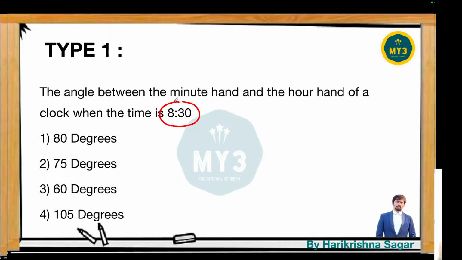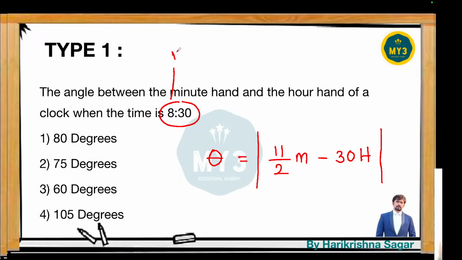No matter what time they give, you can use the formula theta is equal to |11/2 m minus 30h|, and make sure you keep this formula in modulus. So if you get negative, you can ignore the negative. Here, 8:30, 12:40, whatever the time, 8 indicates the h value, 30 indicates the m value. You can substitute the h and m values in the formula and you will get your theta value.